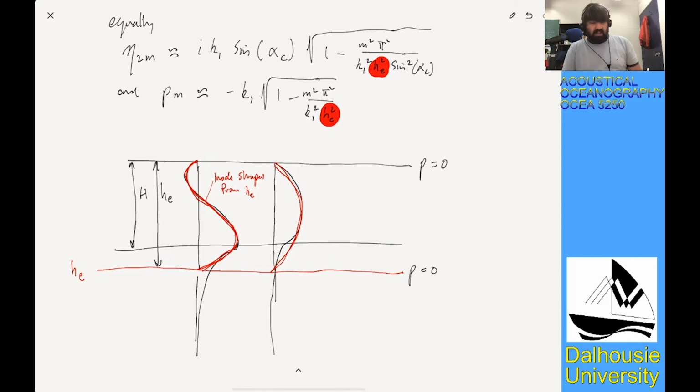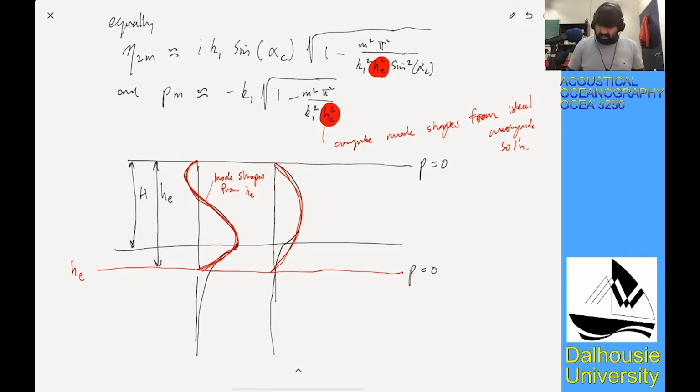So all we really have to do is calculate the effective depth and then compute mode shapes from the ideal waveguide solution, which we know are just sines.